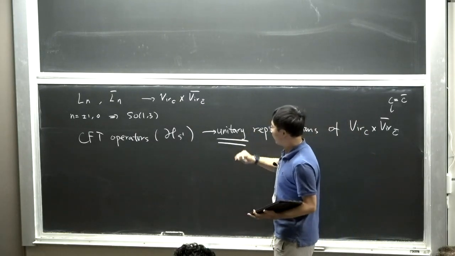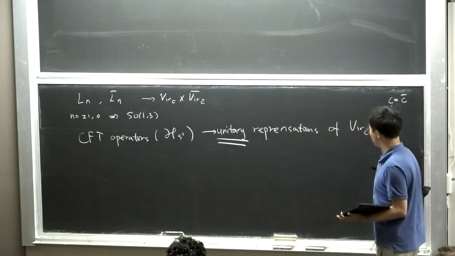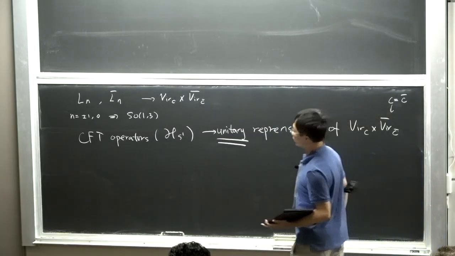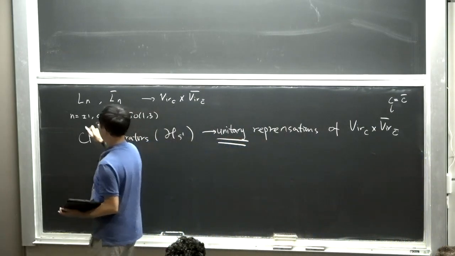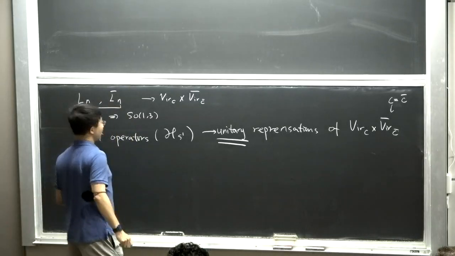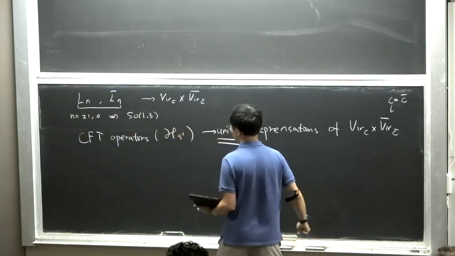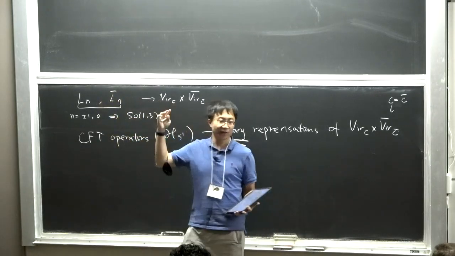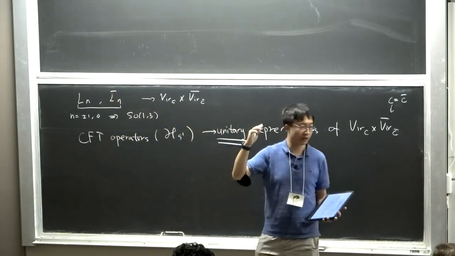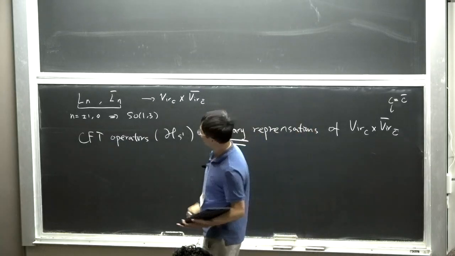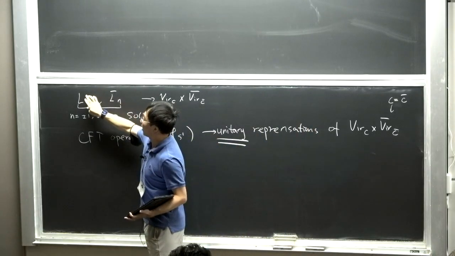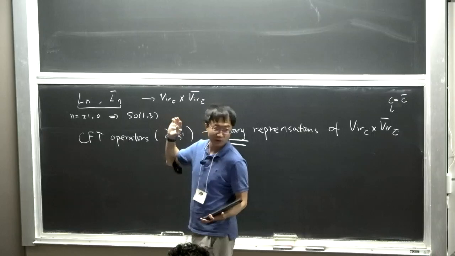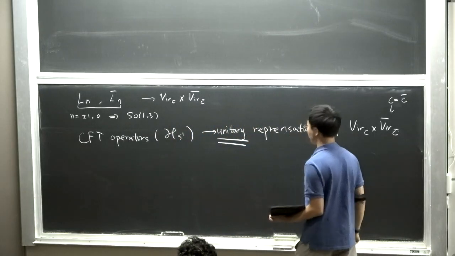To study the constraints coming from unitarity, it's crucial to understand the hermiticity property of these generators. This could be slightly confusing when you first look at it, but you should remember that hermiticity is inherited from the Lorentzian cylinder picture that we described last class. The Hermitian conjugate does not map L to L bar, and that's a common confusion when you first look at CFT.